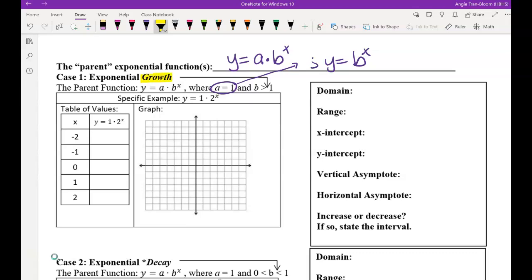It's a growth one if your b value, which is your base, is bigger than 1. So our very first parent function equation is going to be y equals 1 times 2 to the x power. But guys, 1 times 2 to the x is the same thing as y equals 2 to the x.